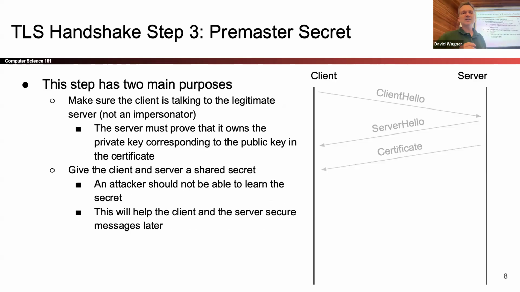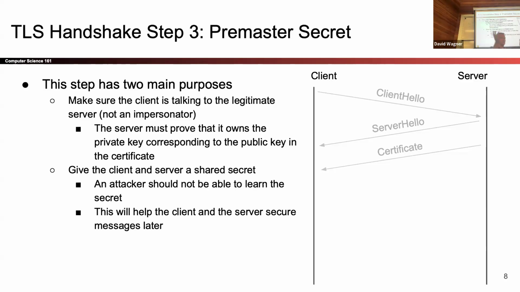So the next step is that the client and the server are going to obtain a symmetric key that they can use for this connection, for encryption and message authentication. There are kind of two purposes for that. One purpose is they need a symmetric key, a shared secret that they can use for encryption and message authentication.